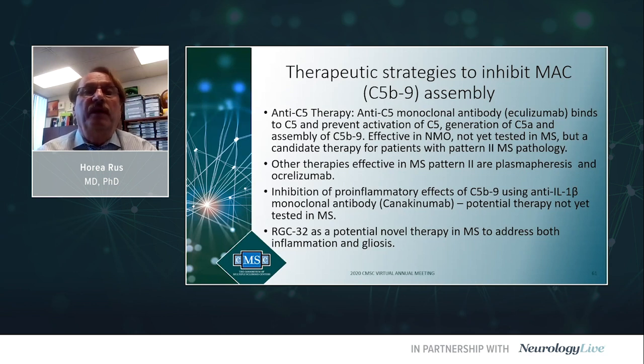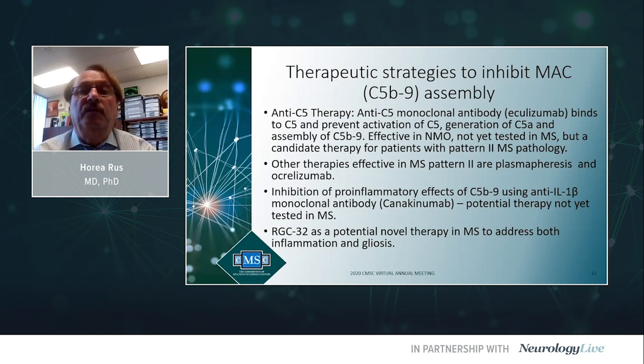This is approved by the FDA, and it's one of the major new therapies for the treatment of NMO. It's not clear if the same thing will be applicable to pattern 2 lesion MS patients, because this study has not been done yet, but that's one possibility to really target C5b-9.